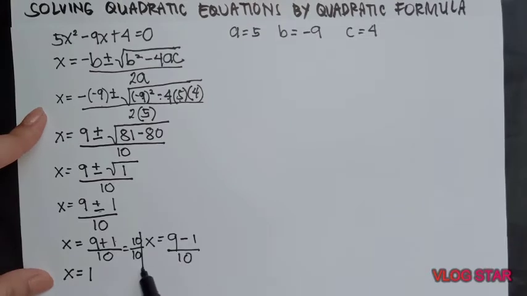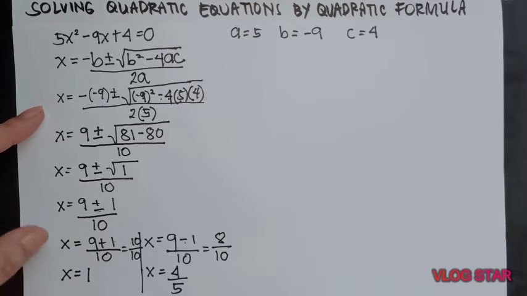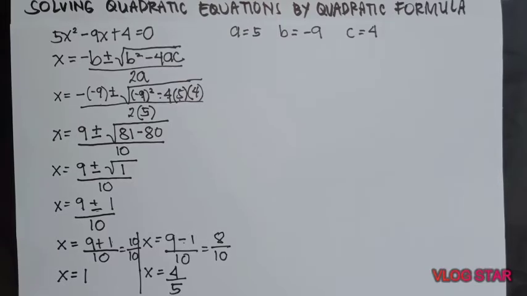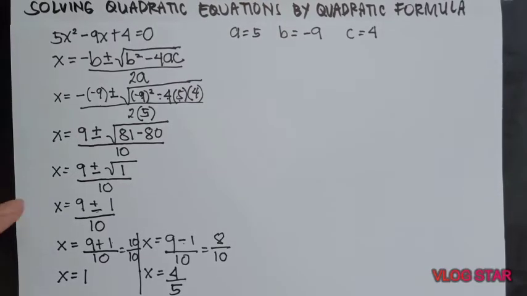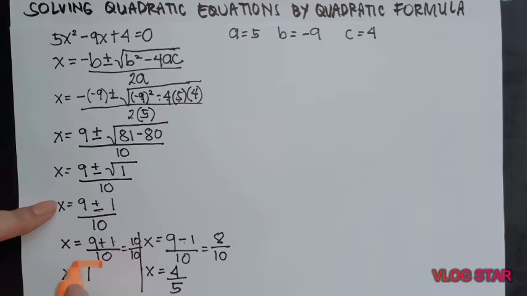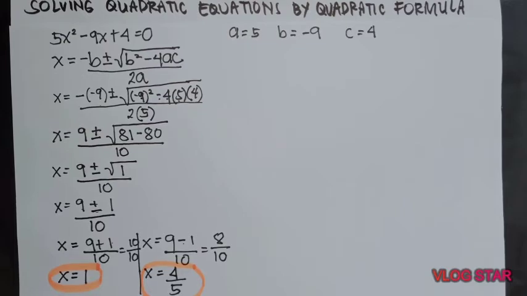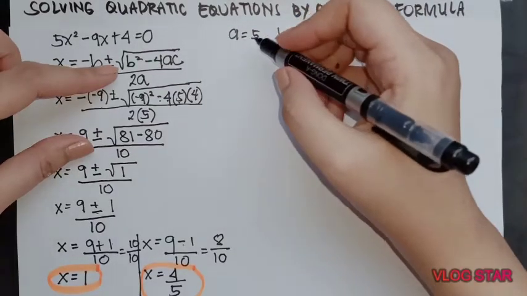And here we have x equals, so 9 minus 1 is 8 over 10. And the lowest term for this is 4 over 5. So therefore, the values of x, or the solutions to our equation, are positive 1 and 4/5.